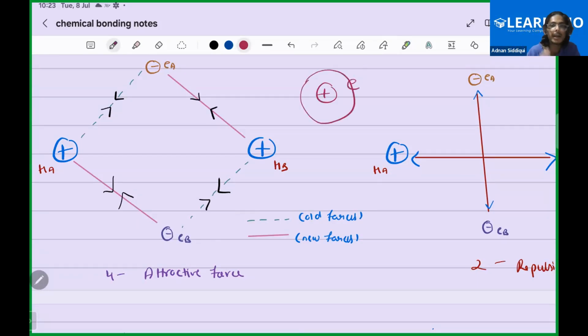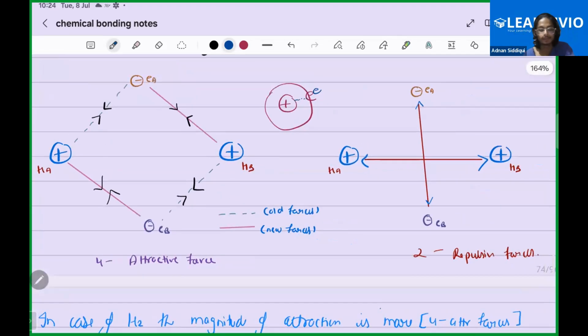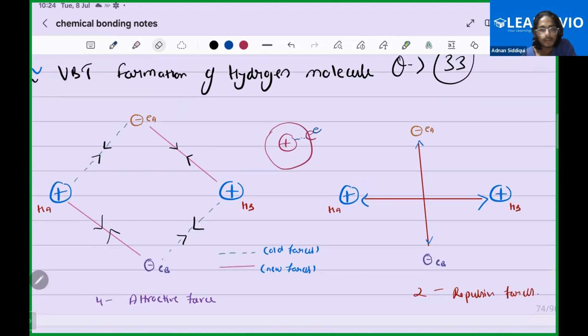So if it is isolated, not interacting with any other atom, still it will experience some attractive forces between this nucleus and this electron. This force is going to be present even before it is interacting with some other atom. It will attract its own electron also. That's called Zeff. This is there.